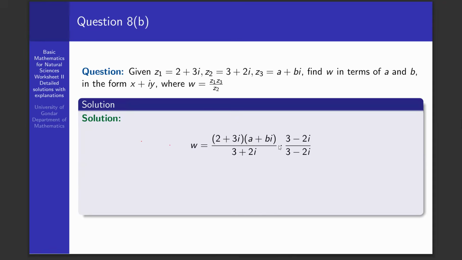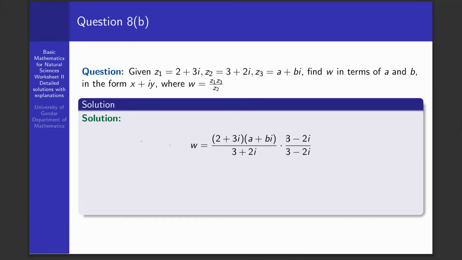And we have this one, that's simply 2 plus 3i, that is z1, times 3 plus 2i, multiplied by this one over this. To make this one real, we have to multiply both the numerator and denominator of this one by the complex conjugate of this one.